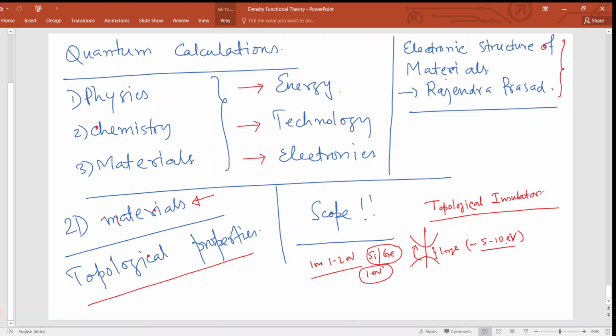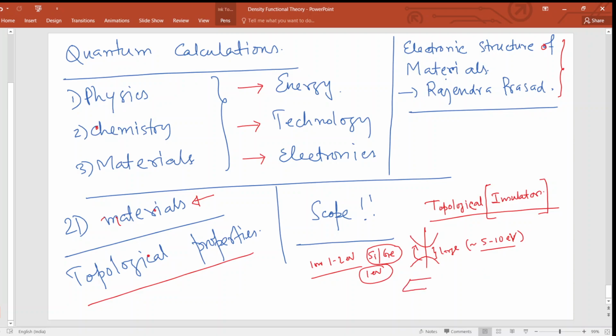Let's say it could be alumina, it could be some brick or something. However, in the case of a topological insulator, there is one unique part. It is an insulator in the bulk, but due to some topological features, or some intrinsic structural degree of freedom of this system, it does conduct electricity. Let us see.